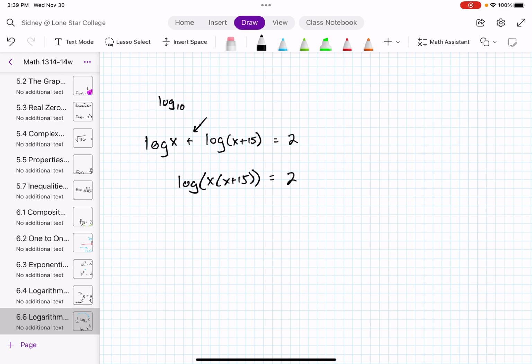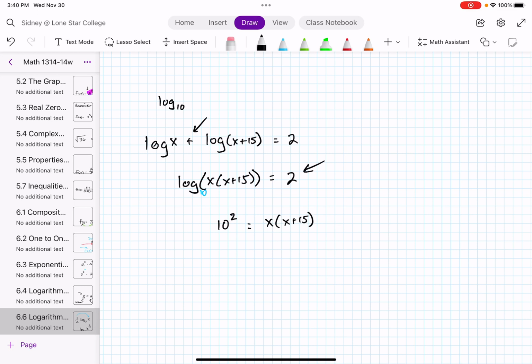Now, as I previously mentioned, this is log base 10, and I'm going to change this into its exponential form. An exponential form says the log base to that power, that's where the exponent, is equal to what's inside the log. So that is x times x plus 15.